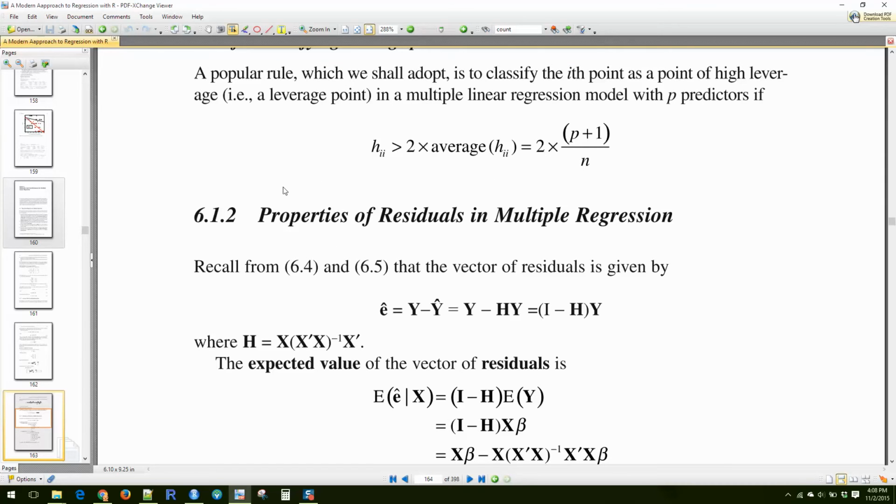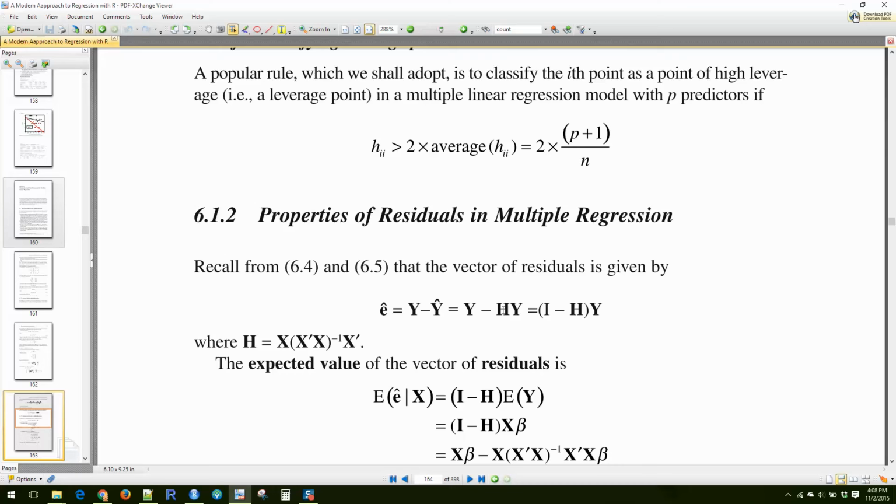Okay. So this part's important regarding properties of residuals. Think of your residual as y minus y hat. We can then factor out the y.